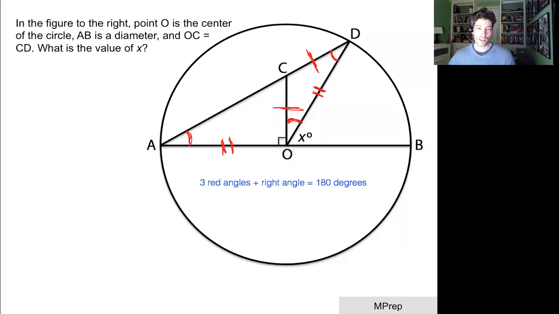We know the right angle is 90, so that means the 3 red angles equal the other 90 degrees, which means 1 red angle is equal to 30 degrees. And if 1 red angle is equal to 30, then you can pencil this in as 30 degrees, and so x has to be 60. Good stuff.